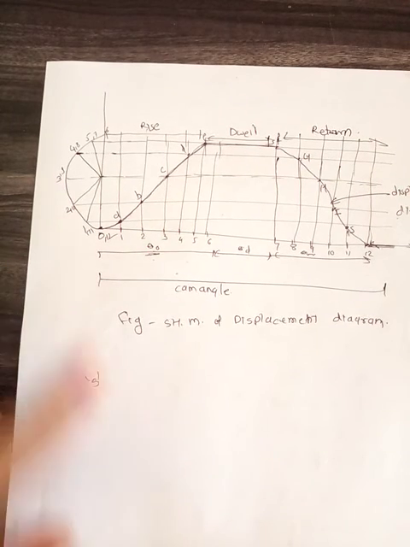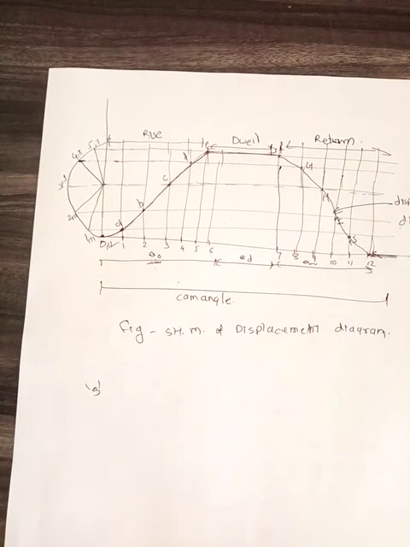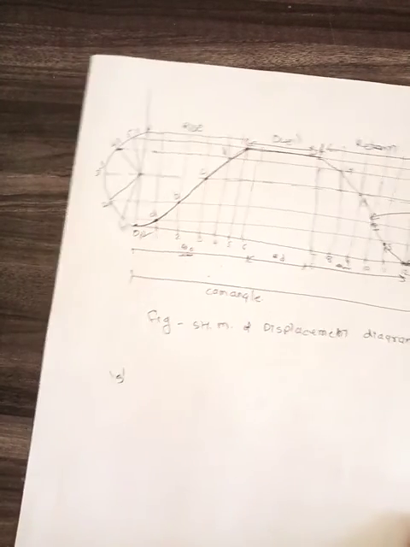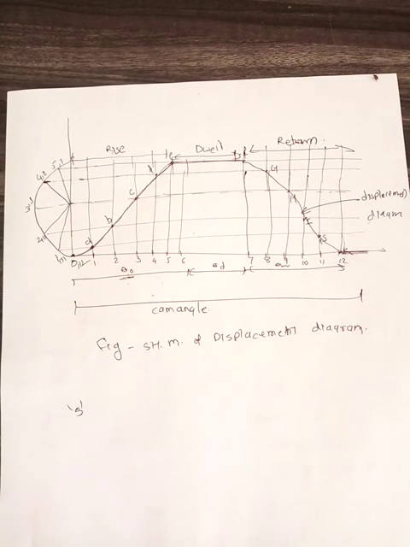This is the displacement diagram used for drawing the cam and follower by using simple harmonic motion. Okay, this is simple. Thank you.